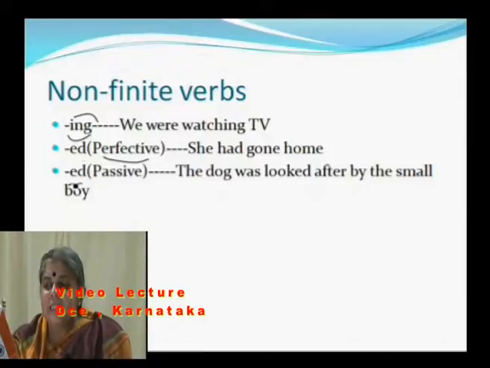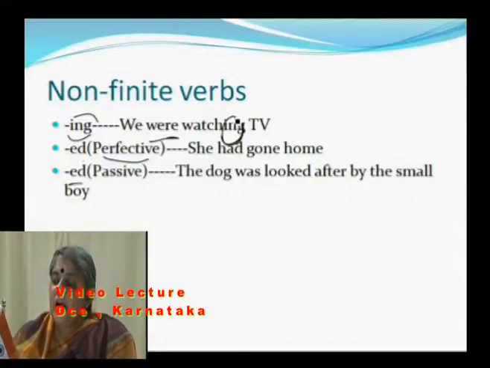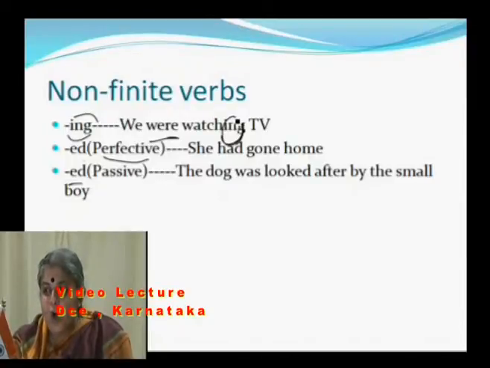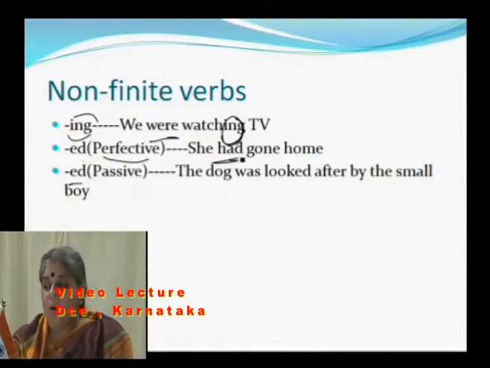Look at these sentences. We were watching TV. Where is what? The primary auxiliary. Watch has taken which form? An ing form. So, non-finite verb comes with ing forms. Second, she had gone home. The word had is a modal auxiliary.